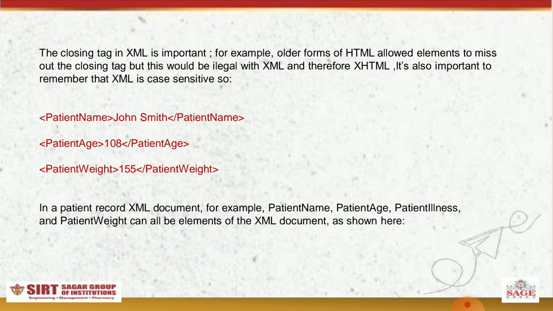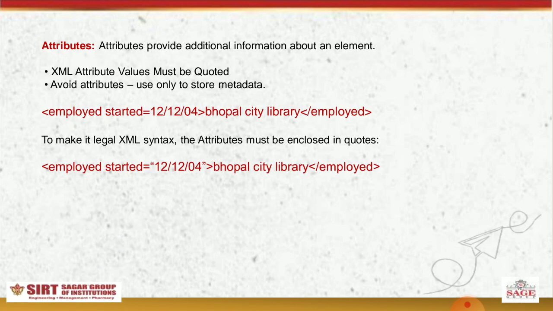For example, older HTML allowed elements to miss closing tags, but that would not be legal in XML and XHTML. It is also important to remember that XML is case sensitive. This is our example. Next are attributes. Attributes provide additional information about the element. XML attribute values must be quoted, and avoid using attributes only to store metadata.